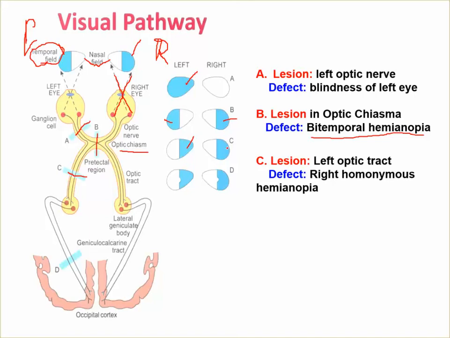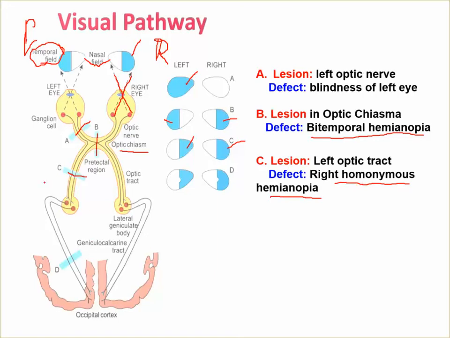So that will be lost, and that's why it's called right homonymous hemianopia. So you can understand that left-sided nasal field of vision is lost, and right-sided temporal field of vision is lost. The name is right homonymous hemianopia.